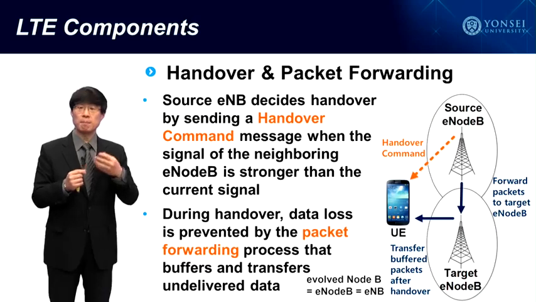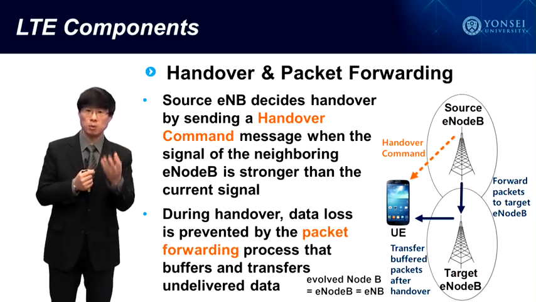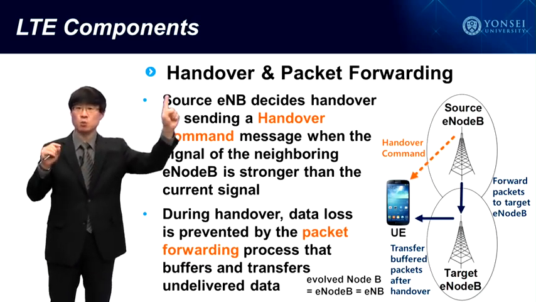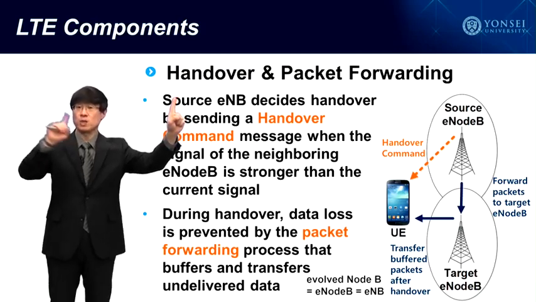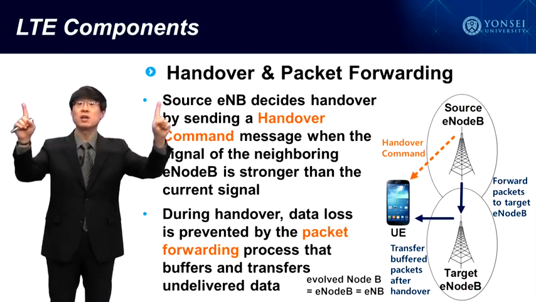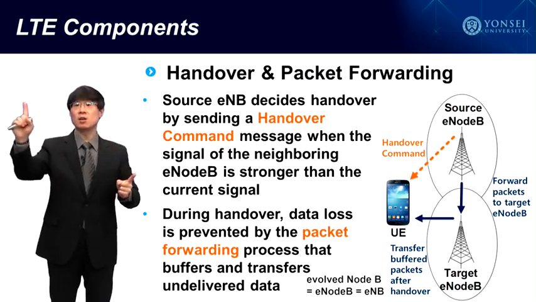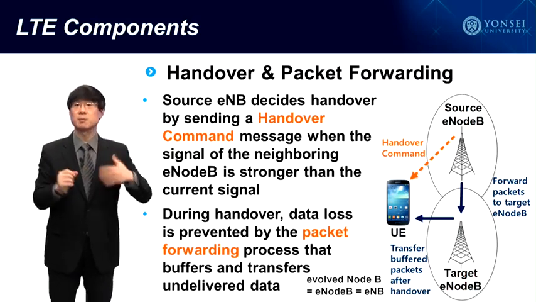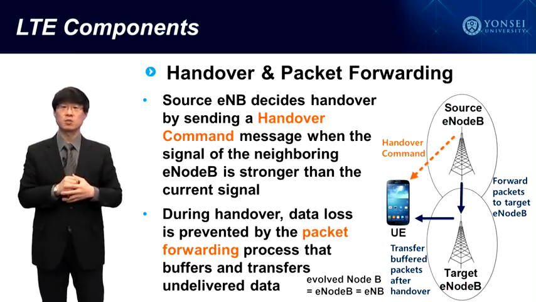I look at the signal between the mobile smartphone, the UE, and both base stations: my source base station, which I'm connected to right now, and my next base station, which I may hand over to, my target eNode B. Then I compare the signals, and when the signal to my target eNode B is stronger, then something needs to happen. A handover command is triggered.